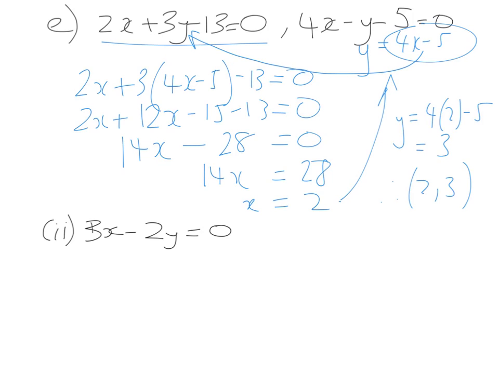Now to prove, part 2, that the line is concurrent means that it also goes through that point. So we're going to sub that point in.